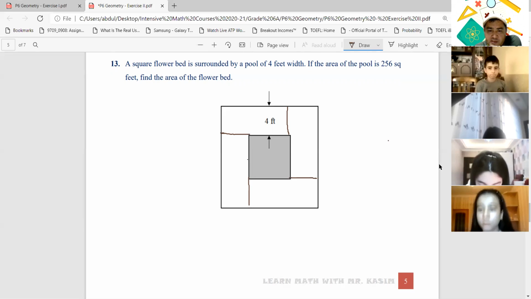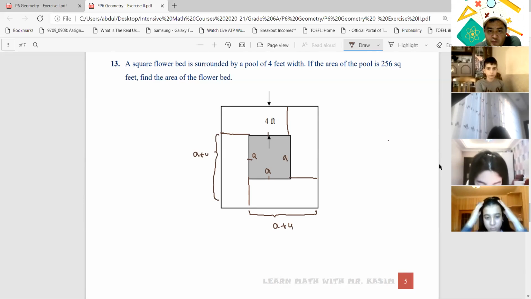Suppose one side of the square is, let's say, A, and this also A, and this is A, right? Then what is the length of this rectangle? It is A plus 4, right? And in the same way, the length of this rectangle is A plus 4.